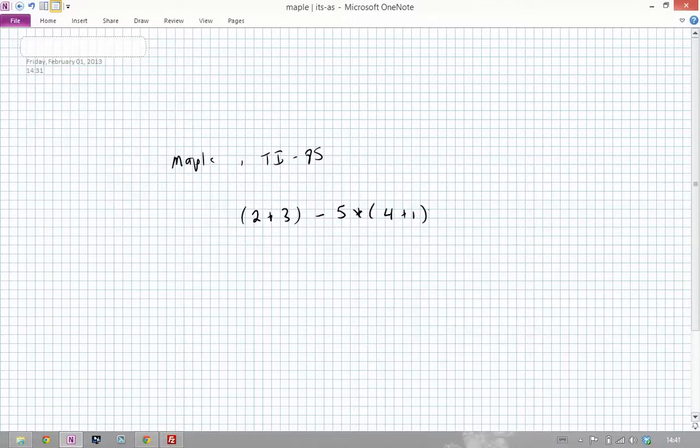This is how we generally write expressions on a TI-85 or a Maple. This is called infix notation.